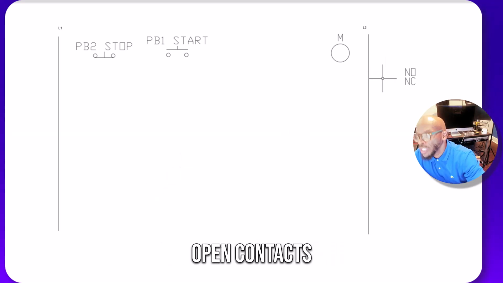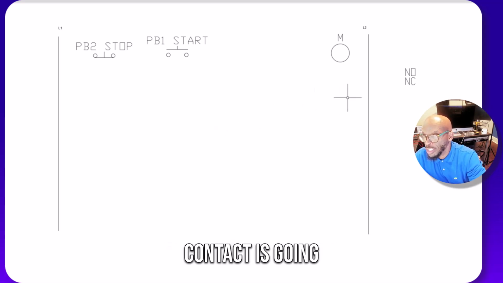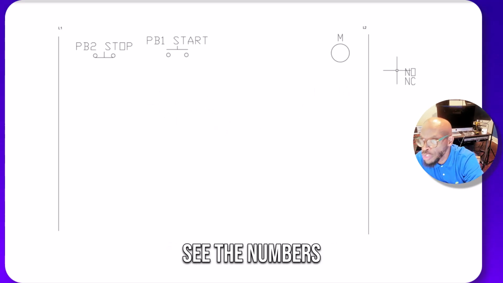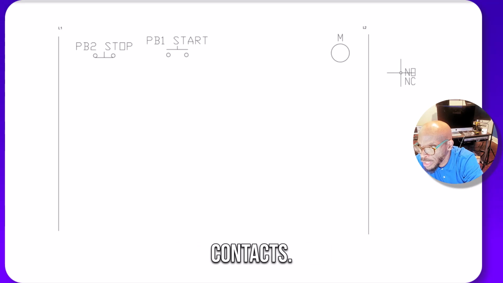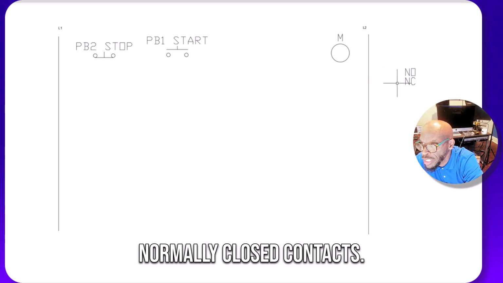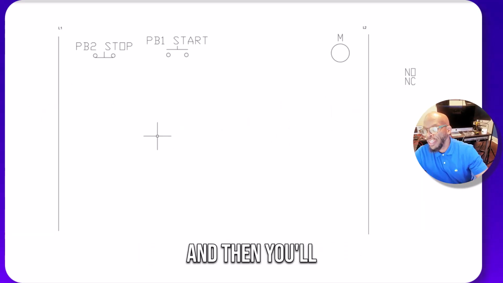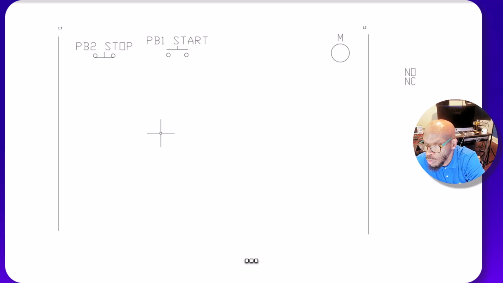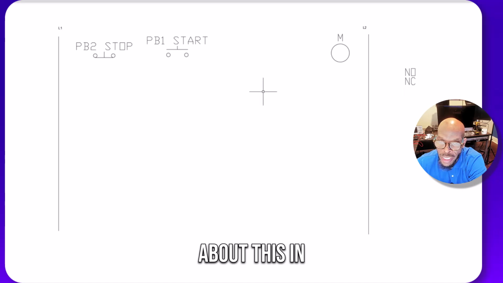The normally open contacts close, and the normally closed contacts open. Wherever you see the numbers, it shows you which rungs have the normally open contacts and which have the normally closed contacts. So you can quickly go to that particular rung and troubleshoot your circuit. We're going to talk more about this in a minute.